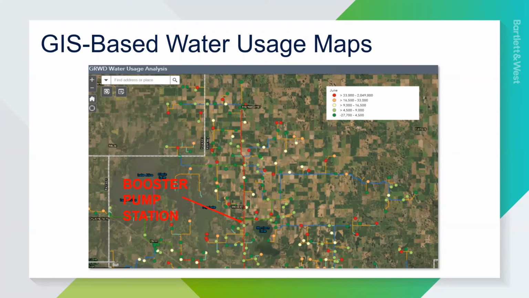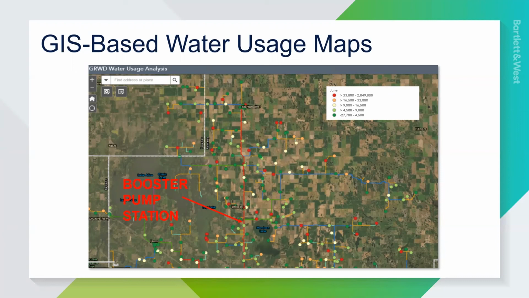And so what we ended up doing is taking the system's billing or metering information and pulling it over into a GIS-based platform where we were then able to create what we like to call a heat map.